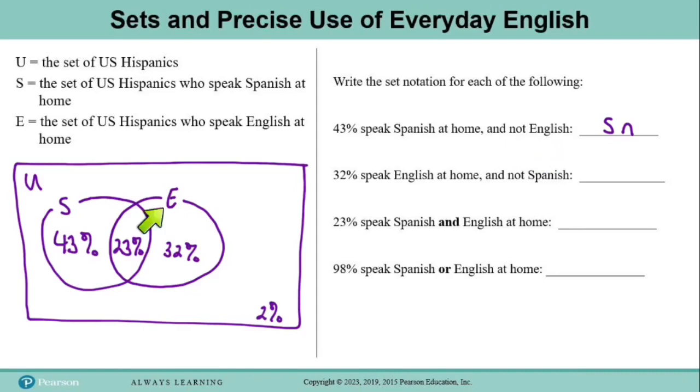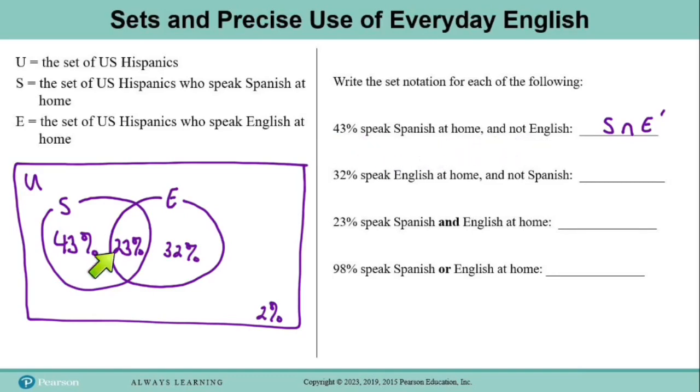So those who do speak English at home are represented by the set E. So that means that those who do not speak English at home, well, that's everybody who's outside of set E. So that's the complement of E. So S intersect E prime is the set notation for the 43% who speak Spanish at home and not English.